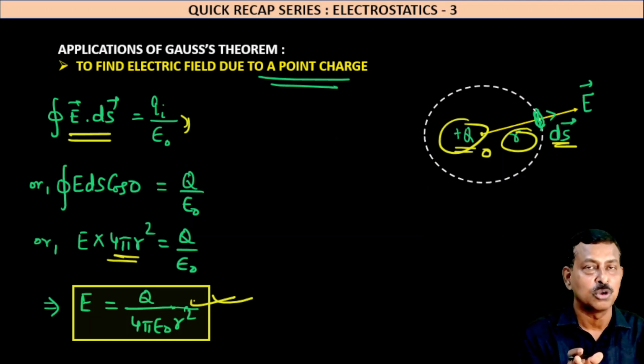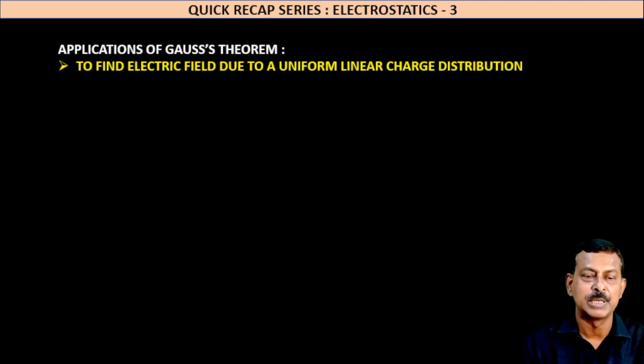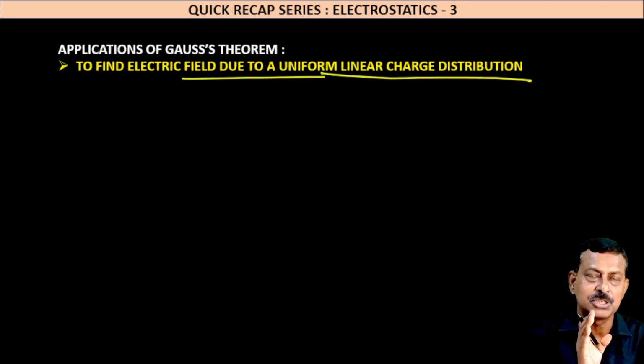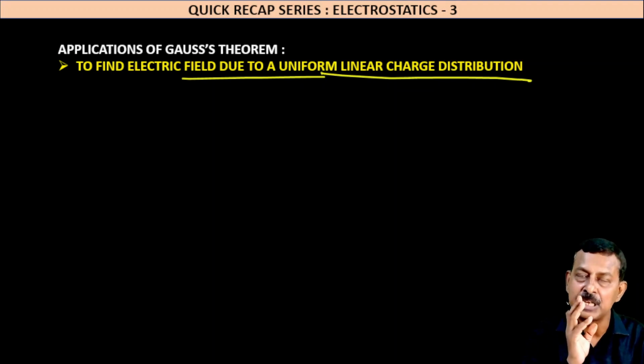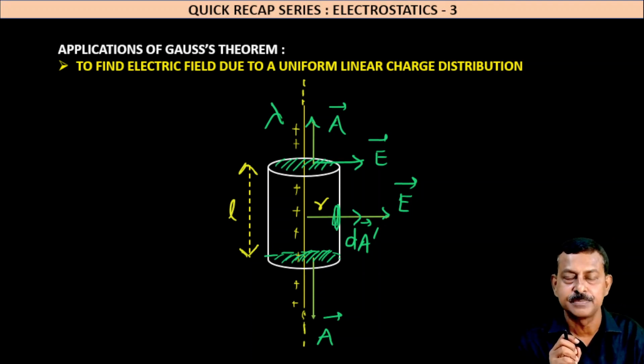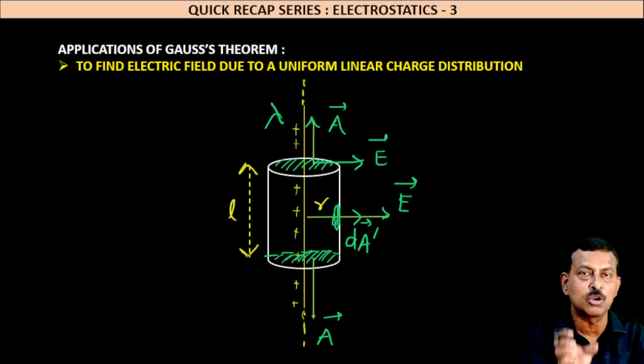Let's take another application: to find electric field due to uniform linear charge distribution. This charge distribution is of infinite length, and it is uniform. So lambda is the linear charge density for this charge distribution. For this case, we take a cylindrical Gaussian surface.